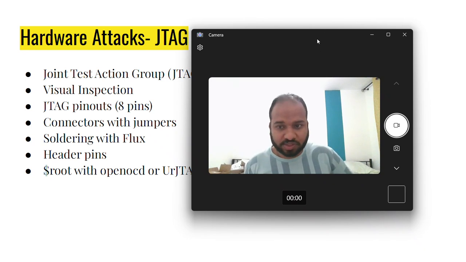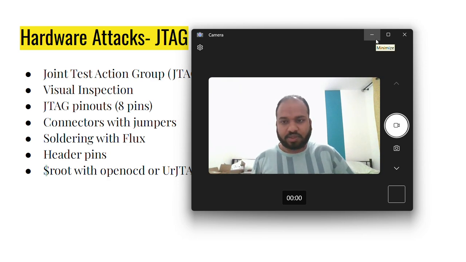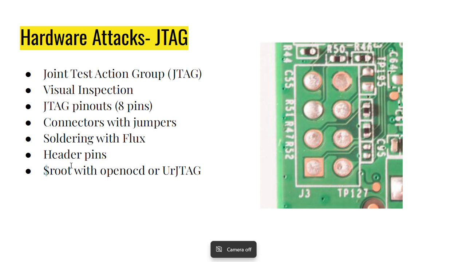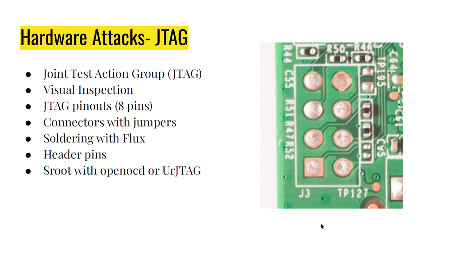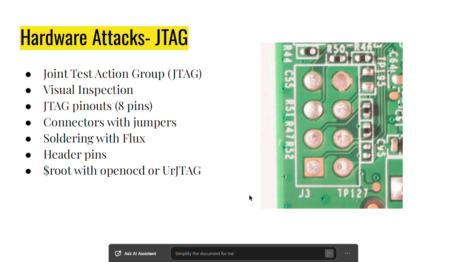Like I said, you need to use header pins along with the wires. So you can use software like OpenOCD or URJTag, and you can have access to the memory of these particular device chips and play around with that.